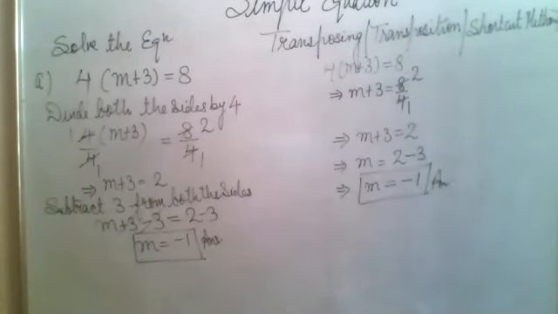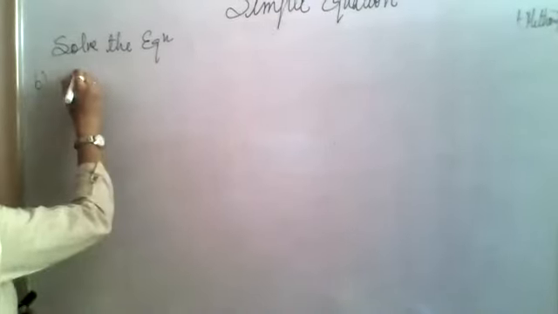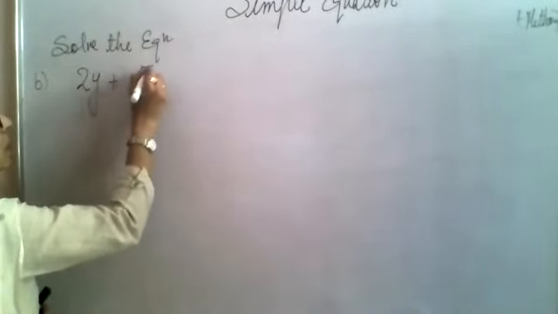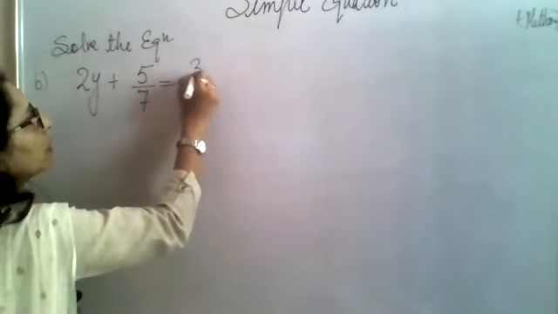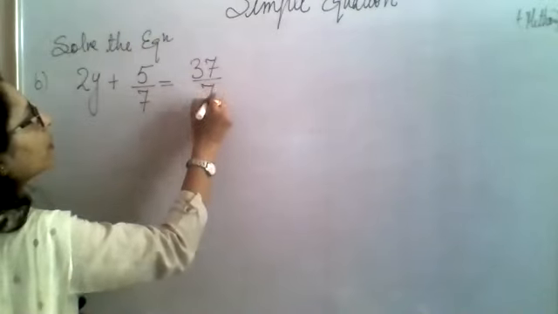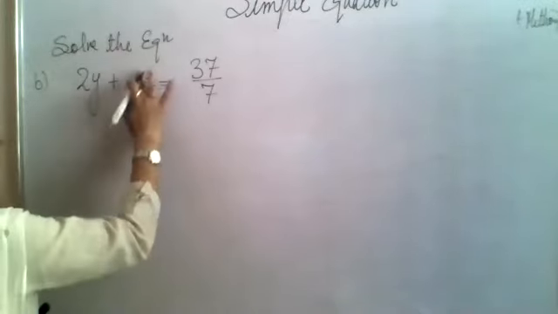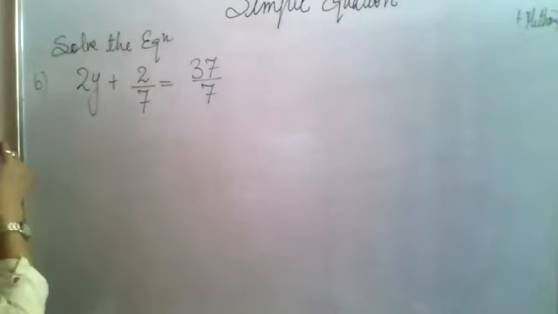Let's do other question by same transposing method. Let's take another example. 2y plus 2 upon 7 equal to 37 upon 7. Or you can write 2 upon 7 like this. Any number you can take.